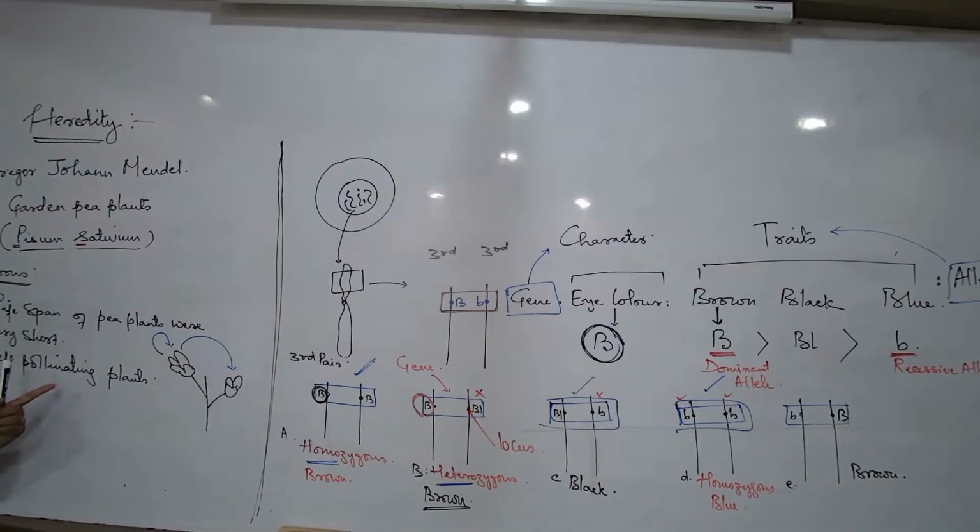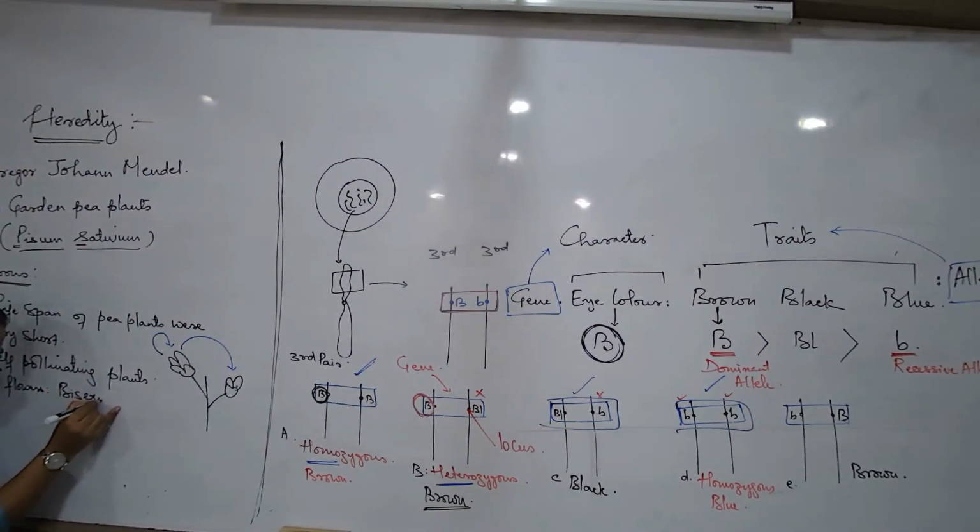Majorly, a self-pollinating plant has flowers that generally have both the male and the female parts, bisexual flowers. Self-pollinating here means the pea flowers are bisexual flowers.